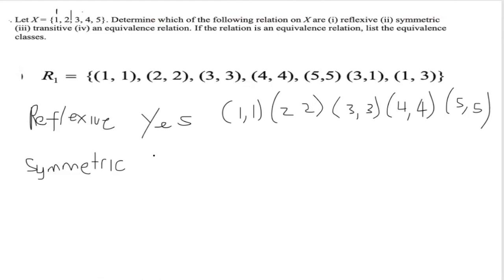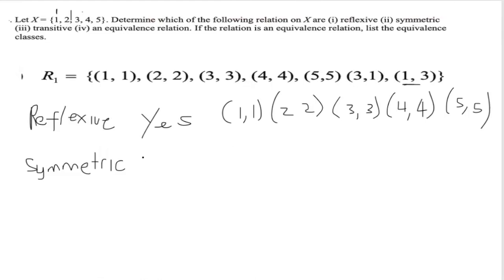So (1,1), if I flip it, it still remains (1,1). (2,2), if I flip it, it still remains (2,2). (3,3), (4,4) and (5,5) are the same. (3,1) becomes (1,3), and you see that we have (1,3).